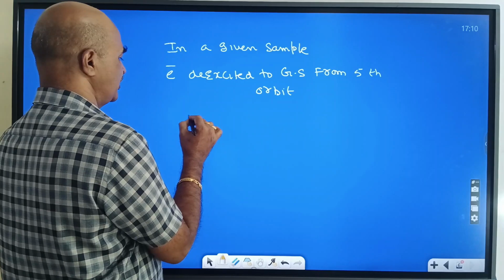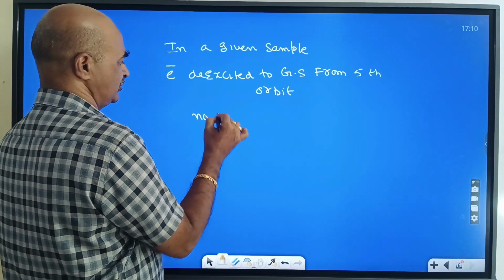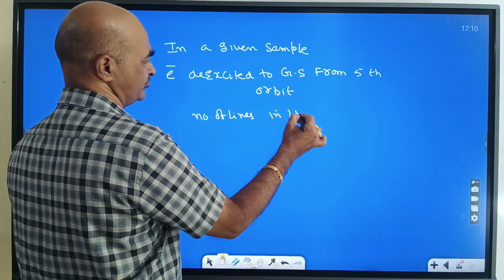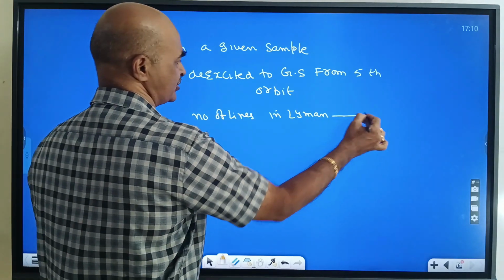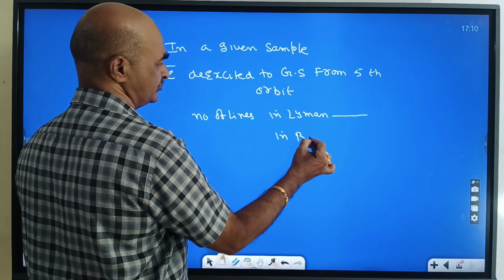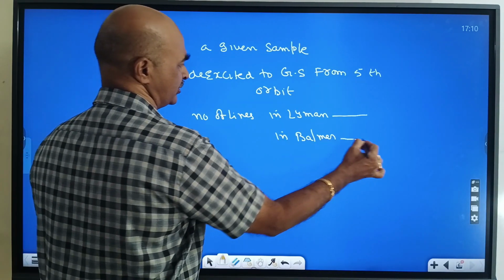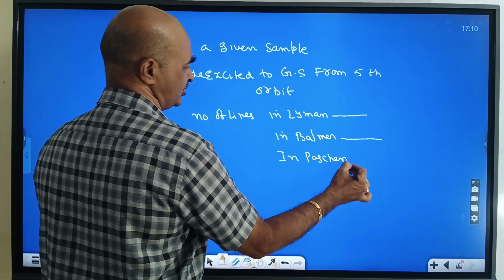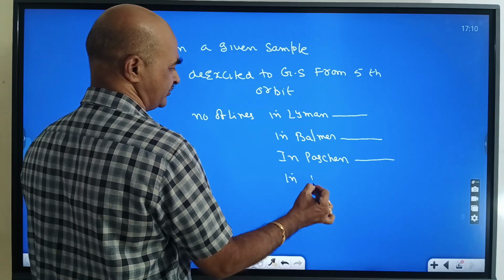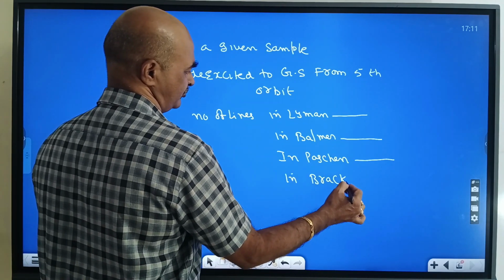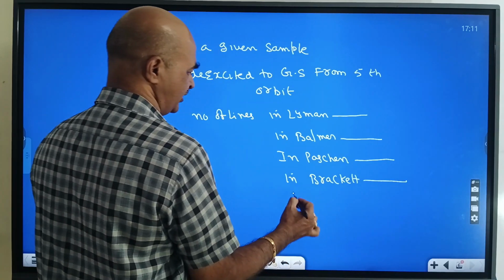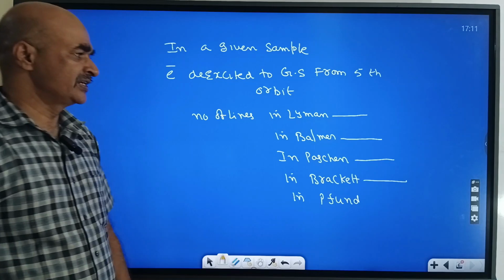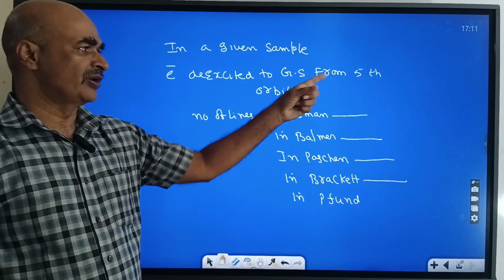Therefore, number of lines in the Lyman, in the Balmer, in the Paschen, in the Brackett, in the Pfund.